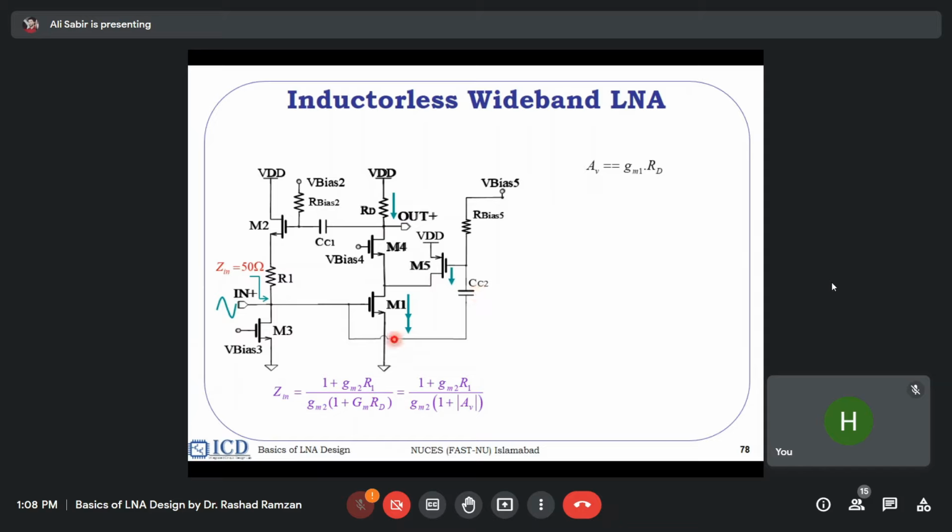What I have done here is take the signal from the input and feed it back to the gate of the PMOS transistor, so that it gives additional current to M1 and M1's gain goes higher. Before, M5 was not amplifying itself. Now it has an input signal from here, so M5 is also amplifying.